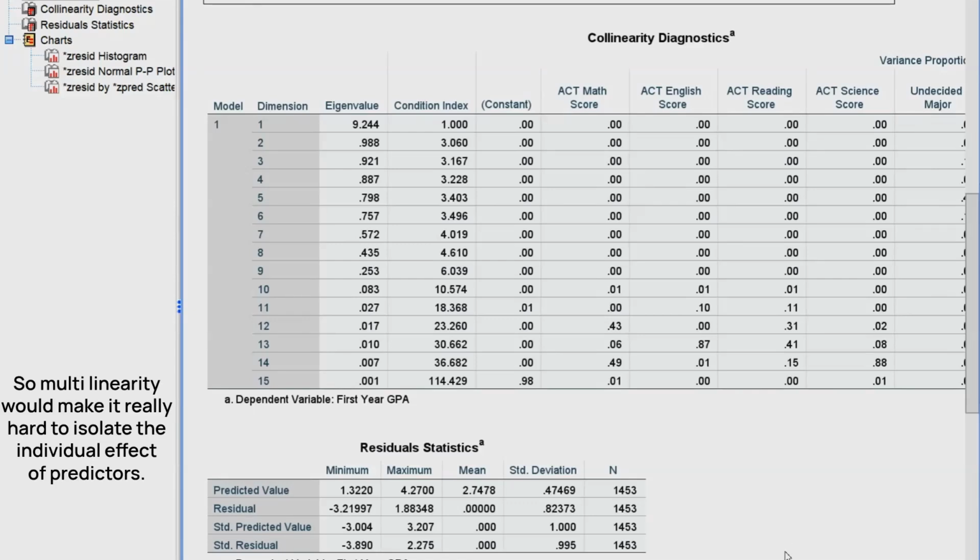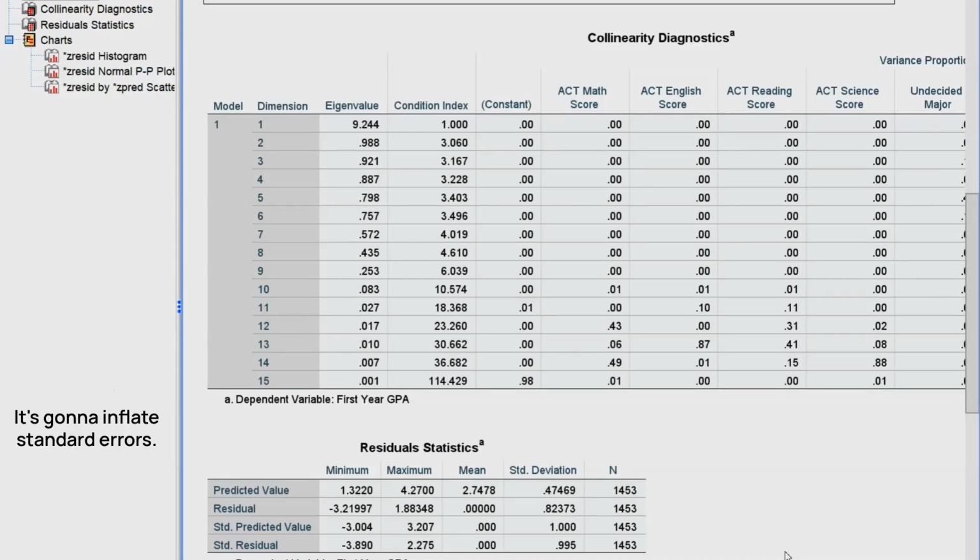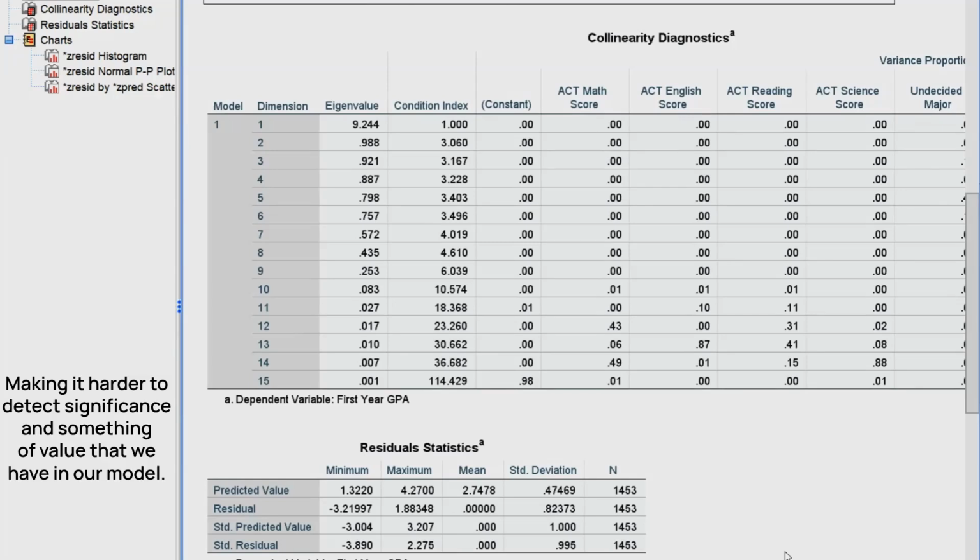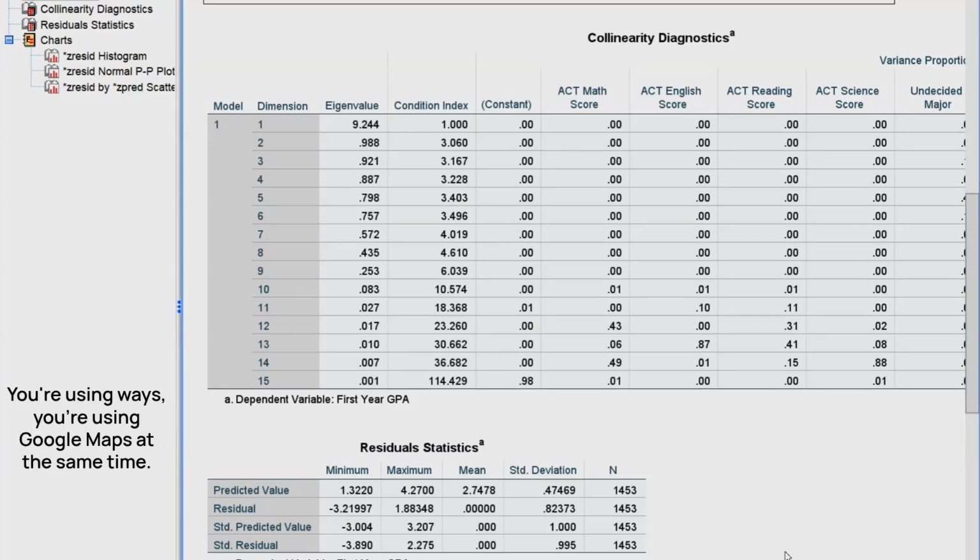So multicollinearity would make it really hard to isolate the individual effect of predictors. It's going to inflate standard errors, making it harder to detect significance and something of value that we have in our model. So the way I like to look at it is imagine having two GPS devices giving the same directions. You're using Waze, you're using Google Maps at the same time.